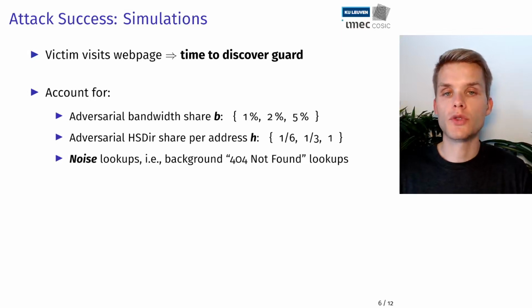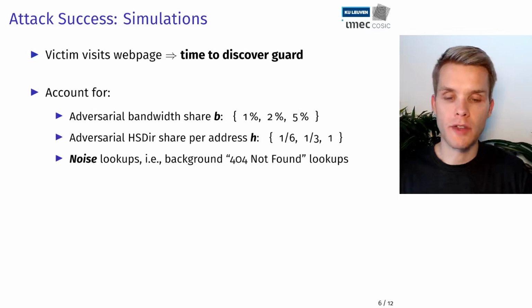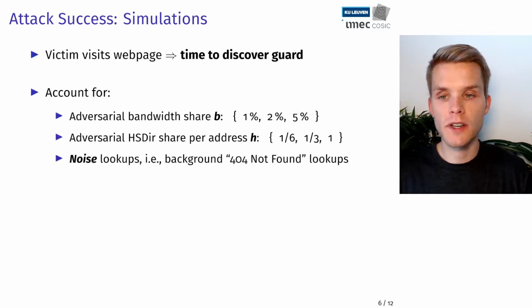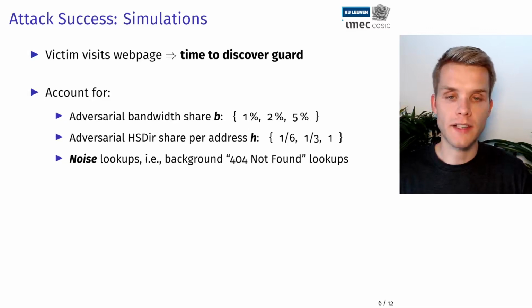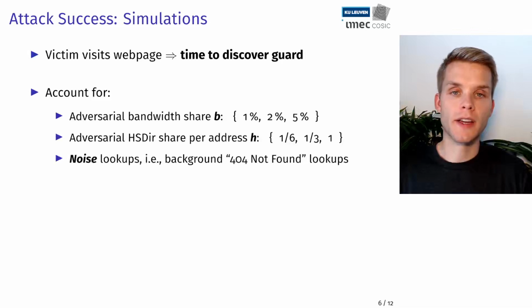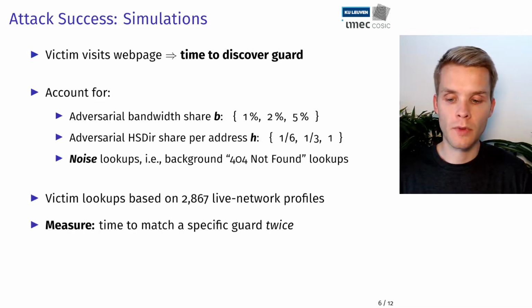Of course, users also do unrelated background lookups that result in 404 not found responses. And we have to consider the rate of these background or noise lookups, because they may potentially lead to false positives on the adversarial side. So we do an experiment and use an estimate of this noise lookup rate in our simulations.